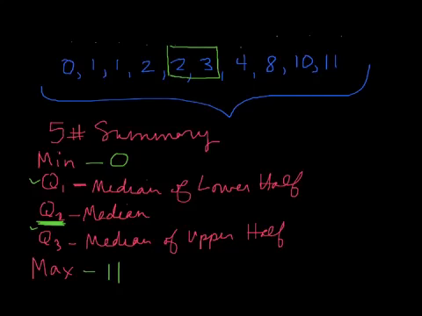I have 4 numbers to the left of them and 4 numbers to the right. And the median is the midpoint between them. You learned that to find the midpoint, you add the 2 and 3 together and divide by 2, or cut the distance in half. And you get 2.5. So the median, I can go ahead and write down here, is 2.5.